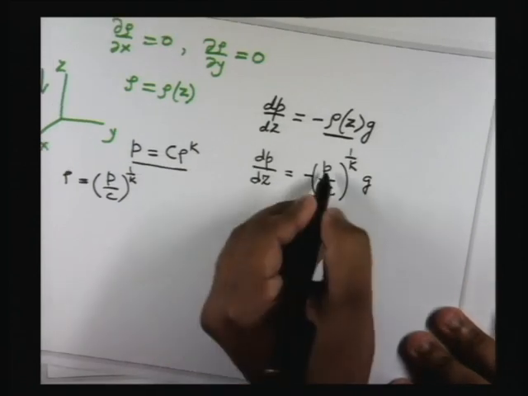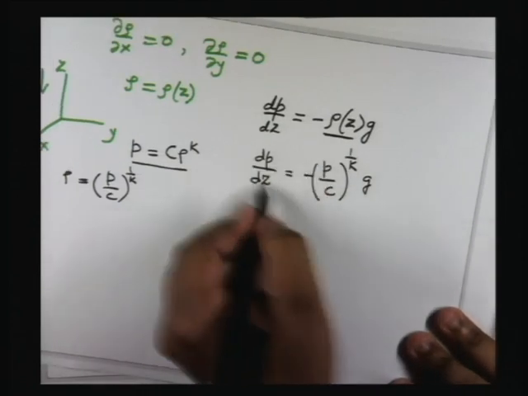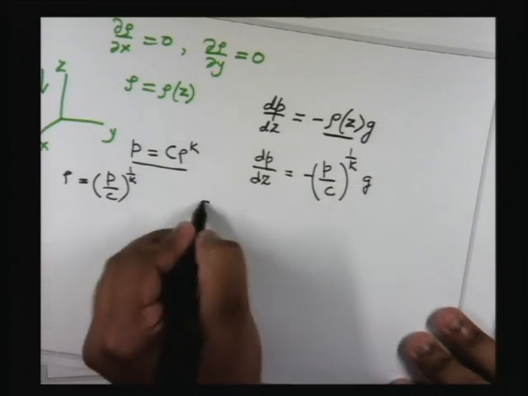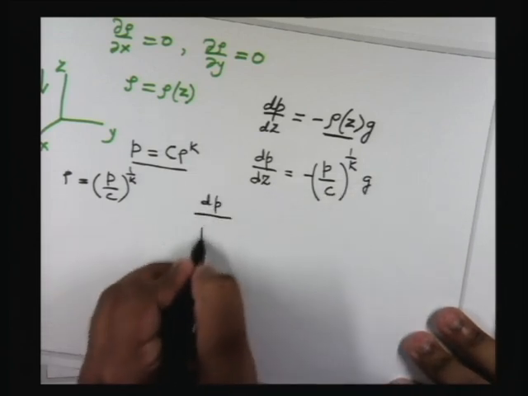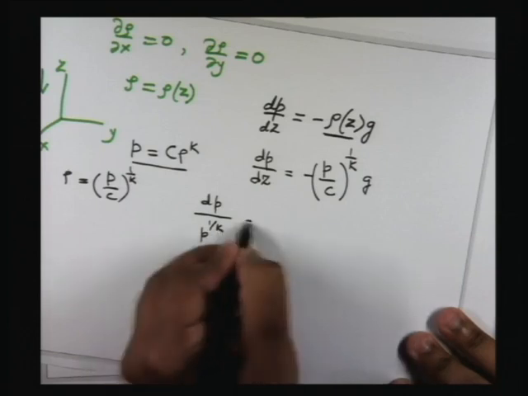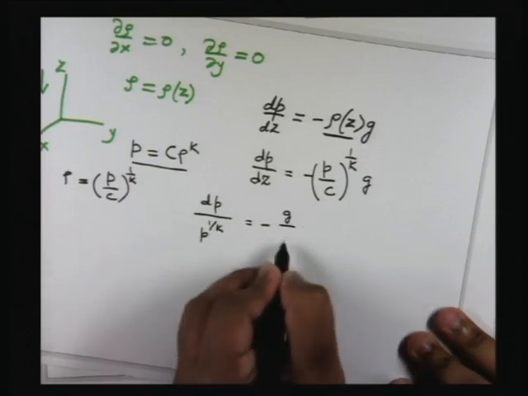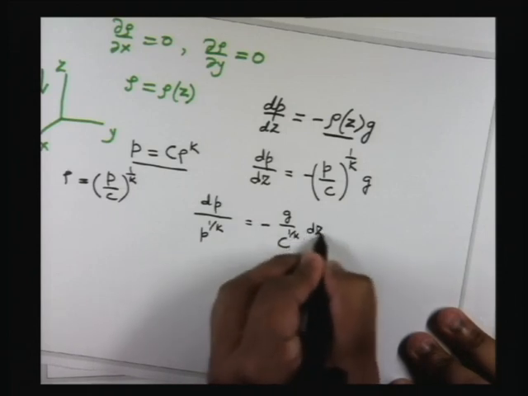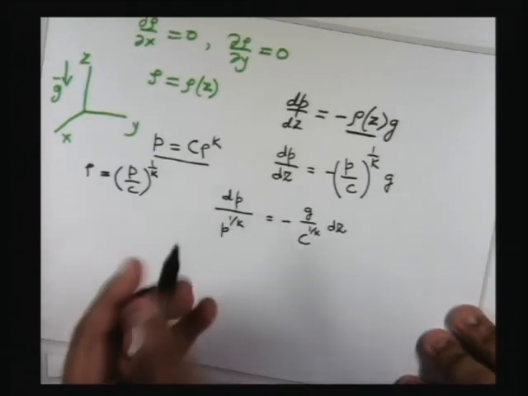So let us bring P on this side and z on this side, because C and g are constant here. So we can write dP by P to the power 1 by k equal to minus g by C to the power 1 by k dz. So we will integrate it now.